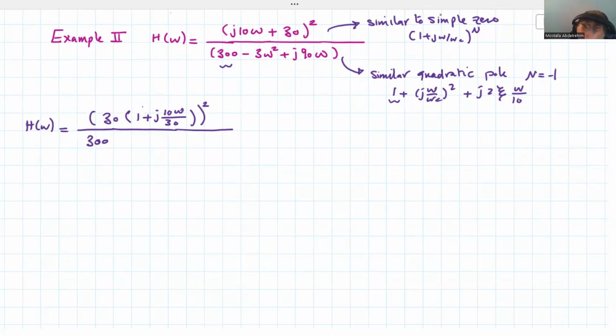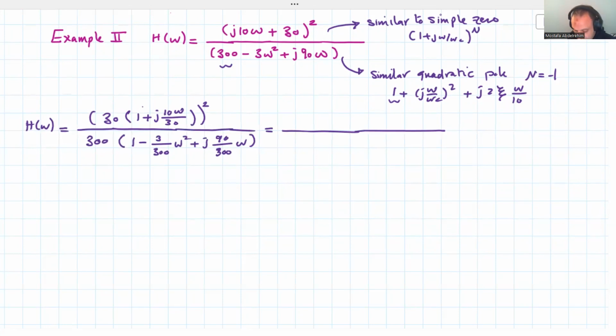So we're going to end up with 1 minus 3 over 300 omega squared plus j 90 over 300 omega. Can I continue to simplify this? So 1 plus j 10 omega over 30 is omega over 3, omega over 3 squared. And down here we have 300. Yeah, we get the 1.